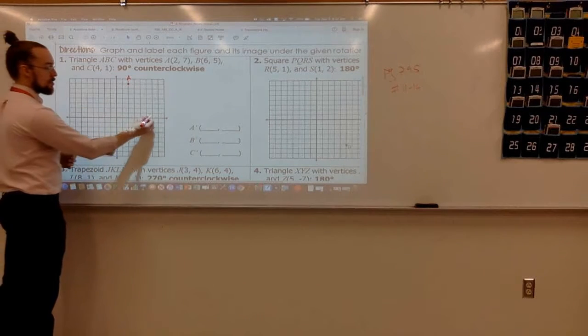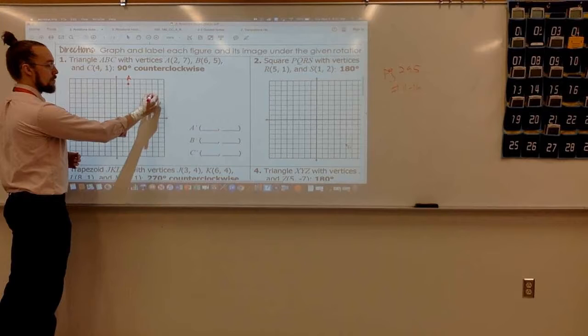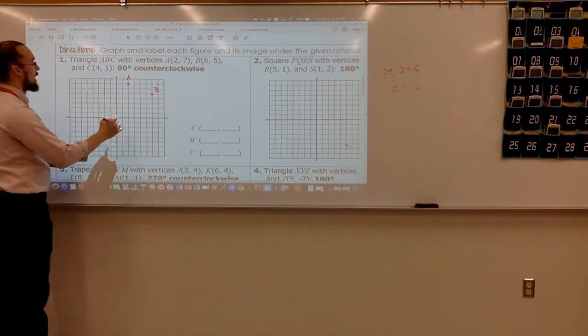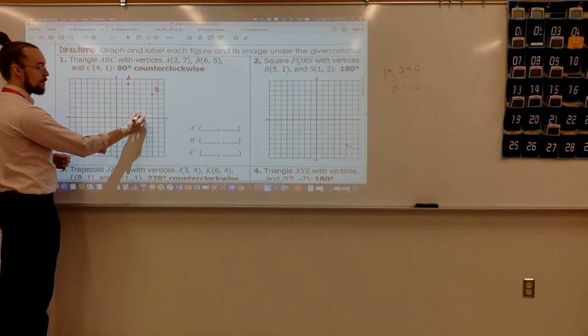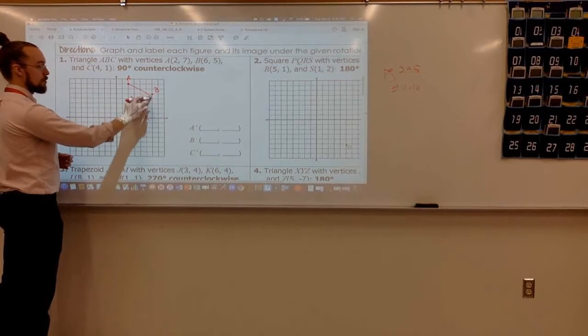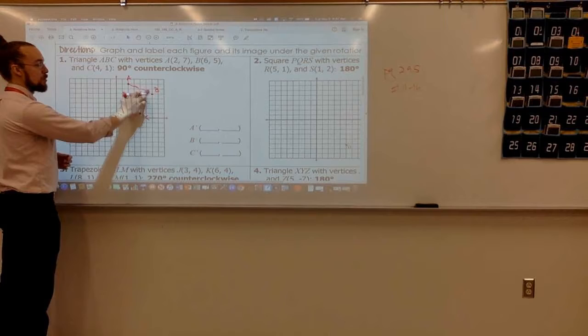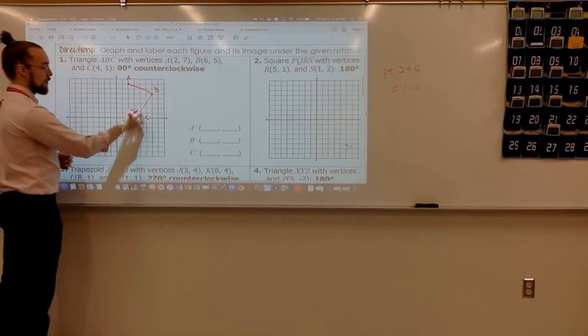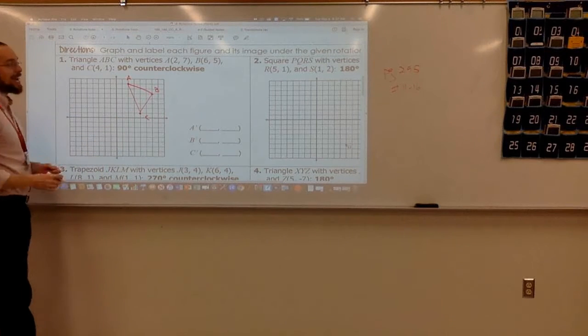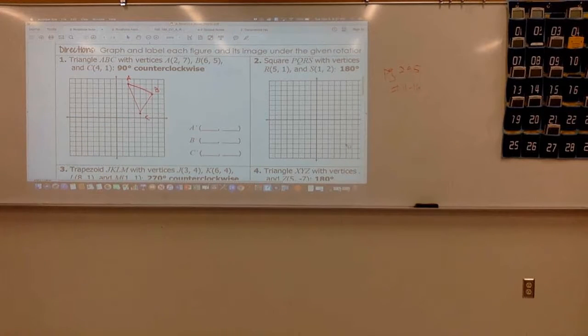B is at 6, 5. And C is at 4, 1. Okay, so here is my original triangle. And I want to rotate this 90 degrees counterclockwise.